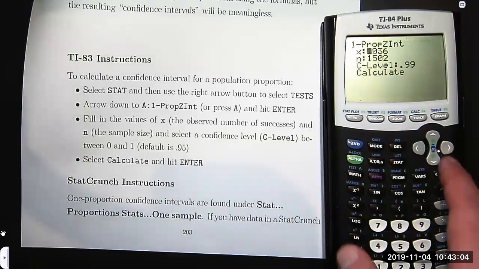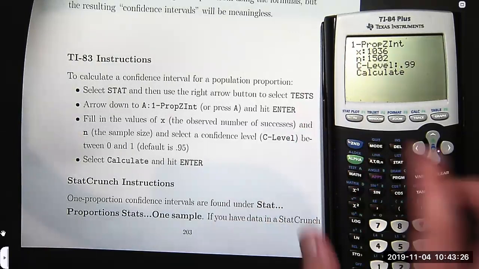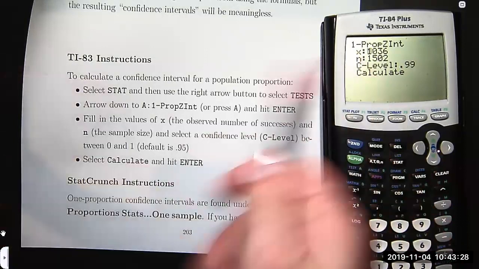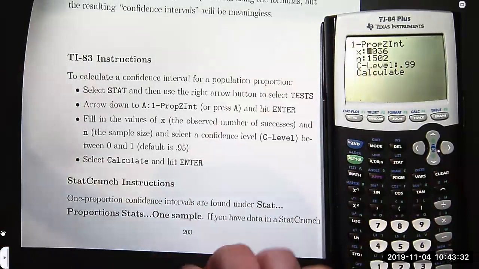And then the way your calculator likes this is it likes whole numbers. So x is the number of successes, or the number of people who supported that, who don't want to see Roe versus Wade overturned. So sometimes you have to do a little bit of work to find what that number is.